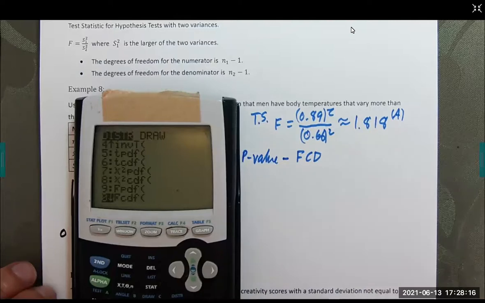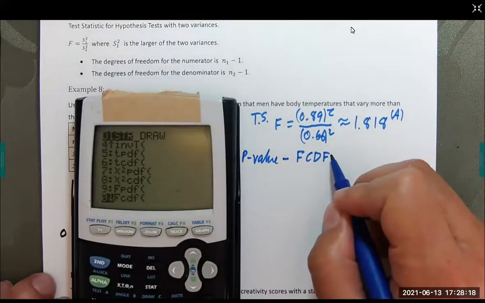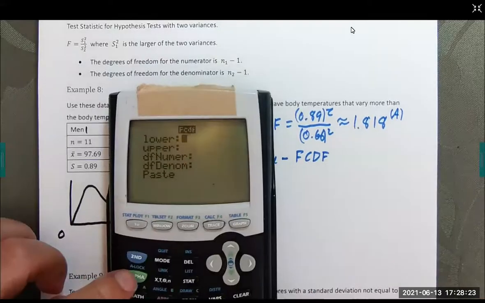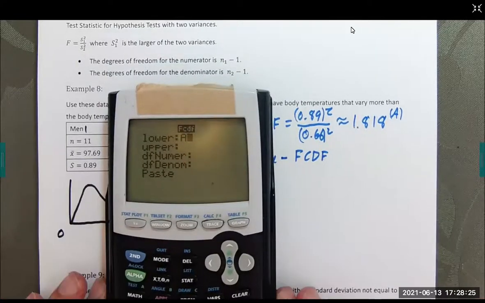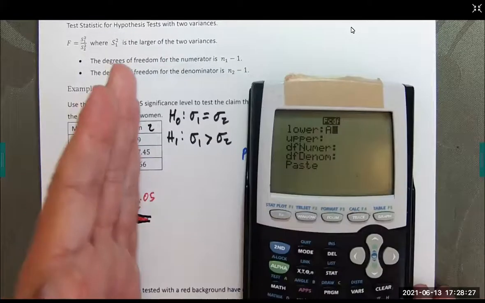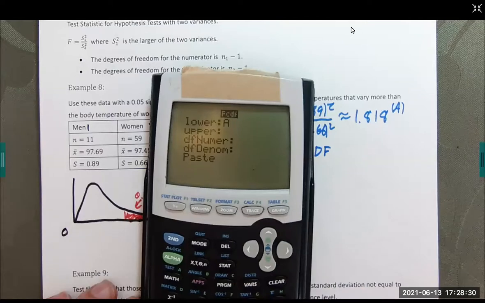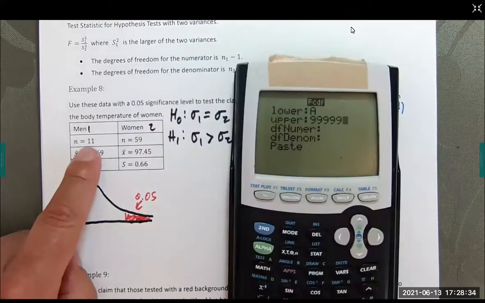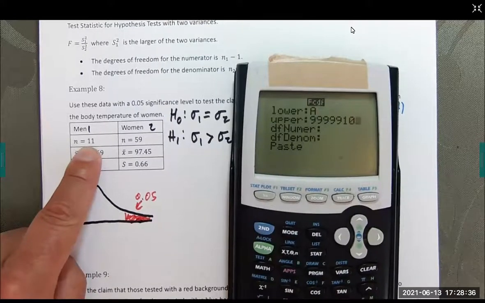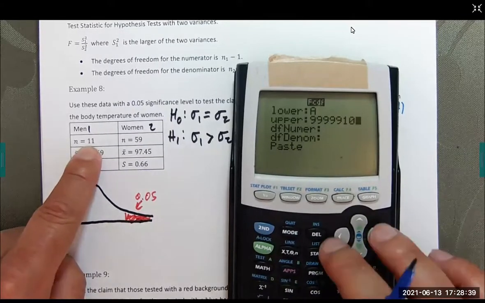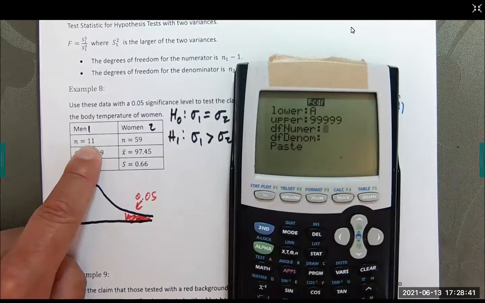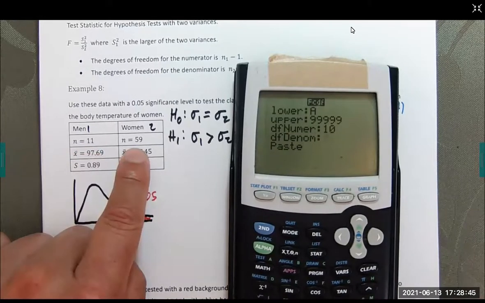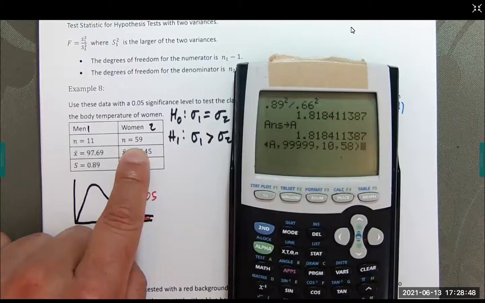And the lower in this case is going to be my A, because it's right-tailed, right? Off to infinity. Upper is going to be 99999, big number. The degrees of freedom of the numerator are going to be 10. Degrees of freedom of the denominator, 58. There is our p-value.